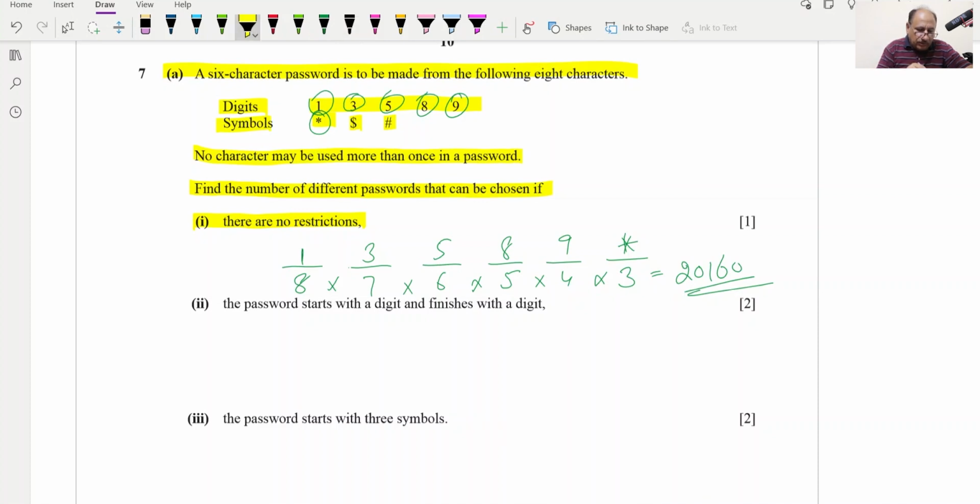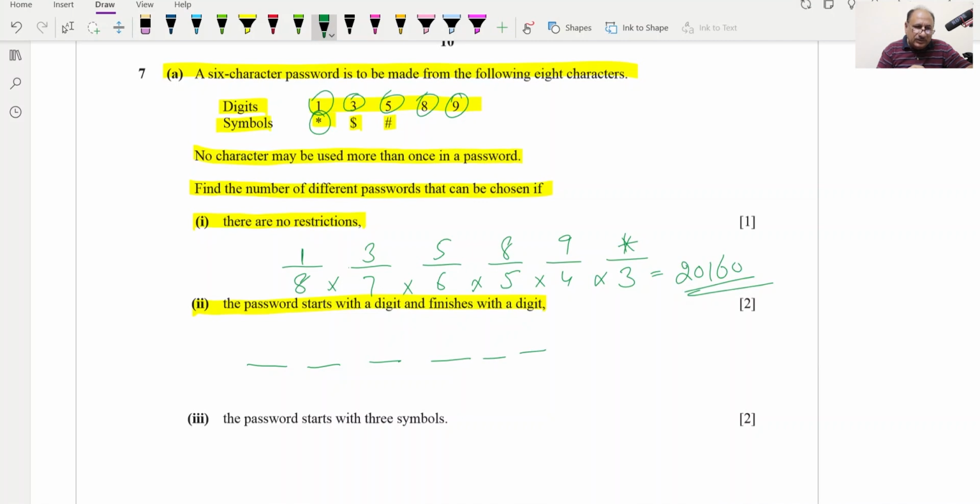Then the second part: the password starts with a digit and finishes with a digit also. So the first is a digit and the last is also a digit. We can take the 6 places, 1, 2, 3, 4, 5 and 6.